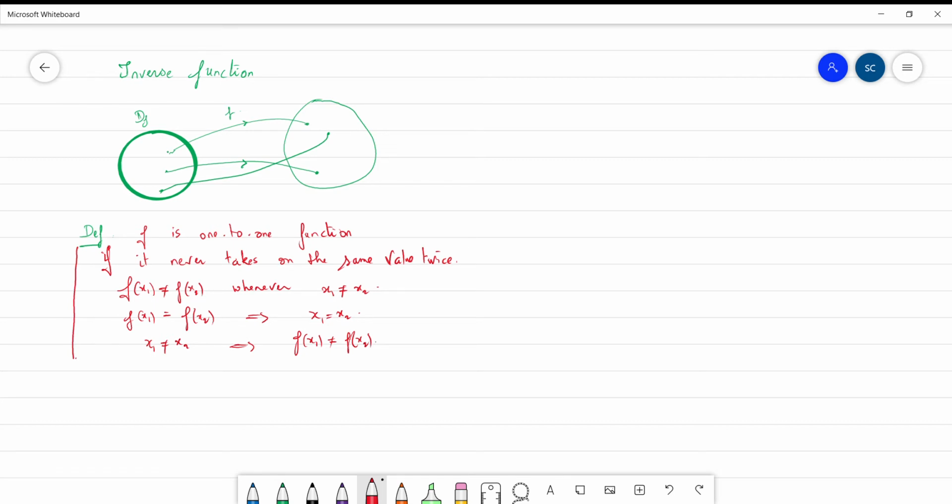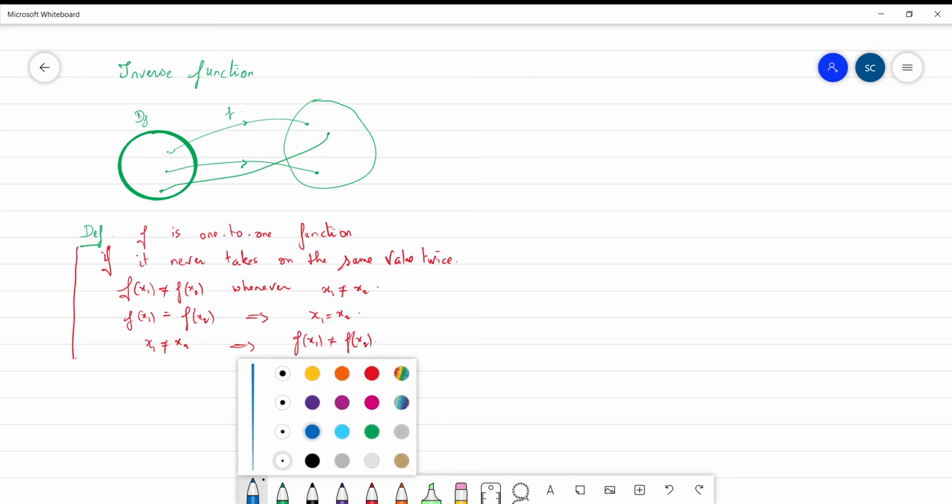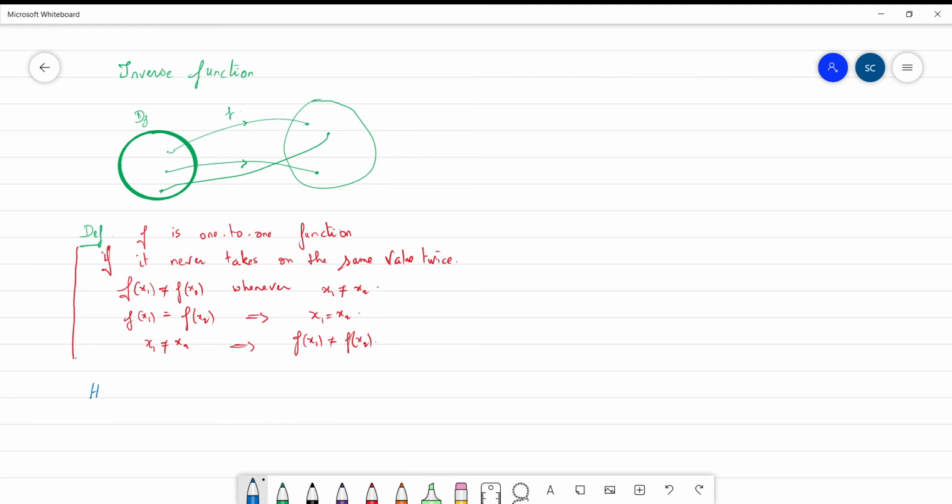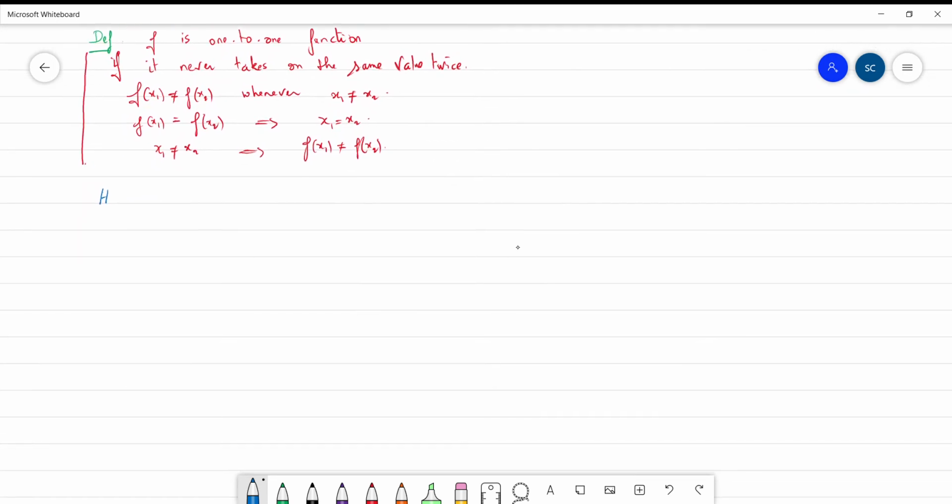A geometric way to identify visually that the graph of a function is the graph of a one-to-one function is to use the horizontal line test. Like we did for functions, where we used the vertical line test, here we have the horizontal line test for the graph of a function.